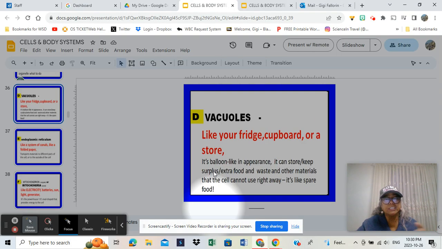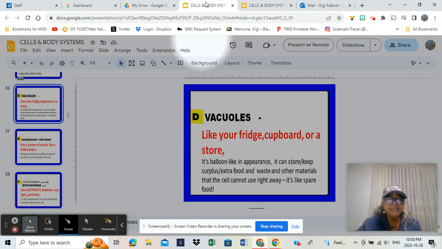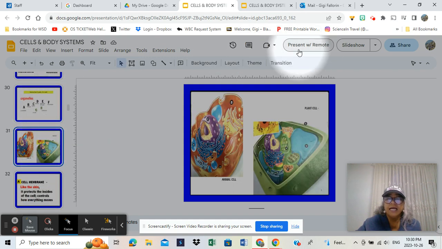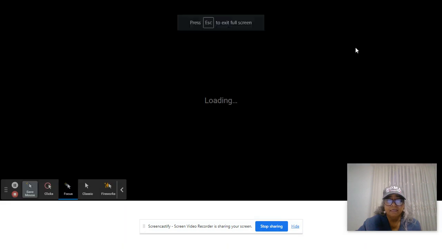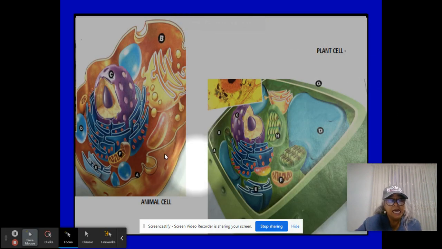So where is that? Let's try and go over your diagram again, right? This one, the diagram, okay? And let me just zoom it out so that you can see and spot where the vacuole is. So this would be it, balloon-like.